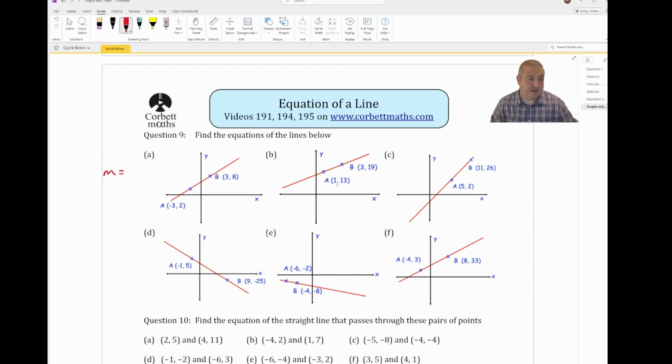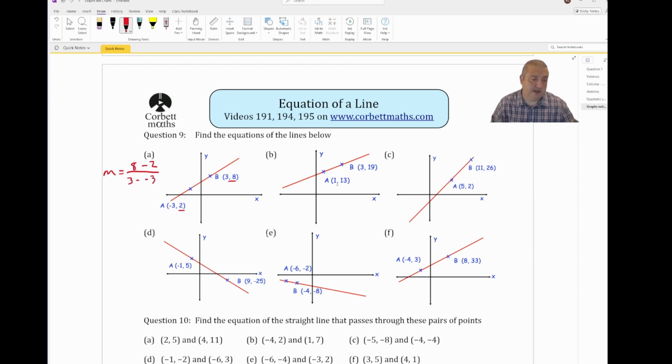So our gradient, remember our values of y are here and here. So we're going 8 minus 2. They're both above the line, so they're both positive numbers, but we take them away because it's the difference. And we're going from 3 minus -3.